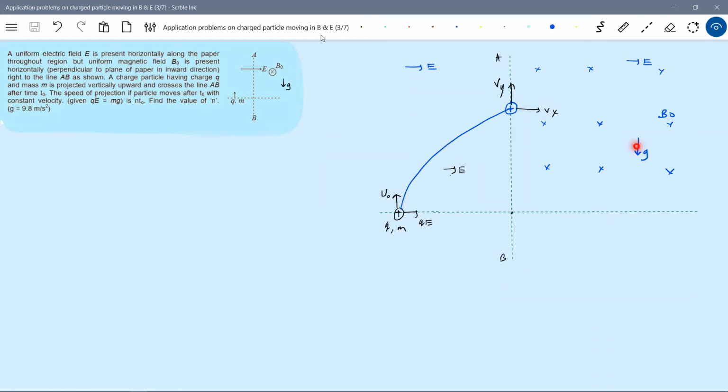Now, under the action of gravity, magnetic field, and electric field, it has to move in a straight line. It has to move in a straight line means how should it move now? It's going to move in a straight line path. After that, the charged particle is going to move in a straight line path.